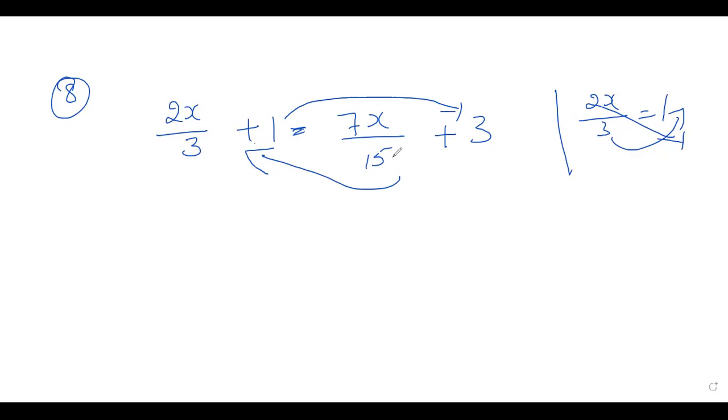The way the rational number is, shift it the same way. 2x by 3 is there, so you are shifting this to the left hand side. It becomes minus 7x by 15. So don't get confused. So 3 plus 1 becomes minus 1.